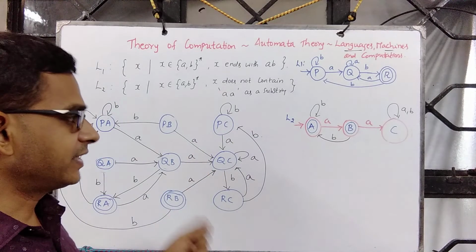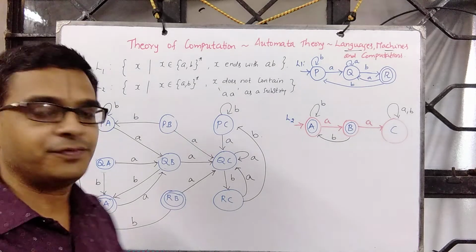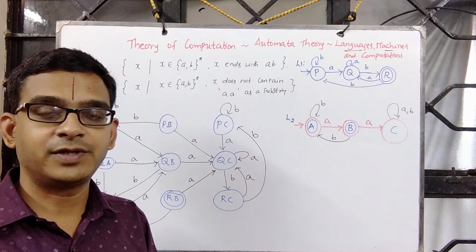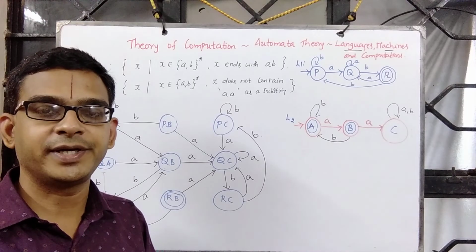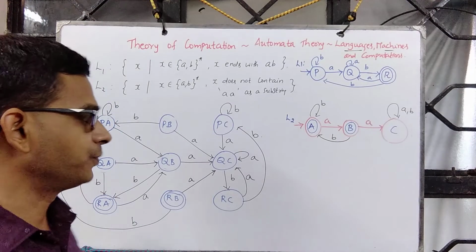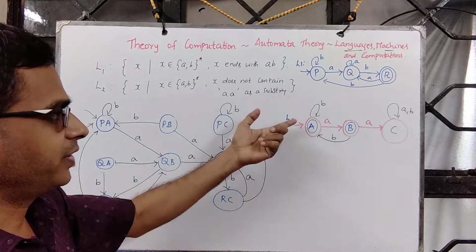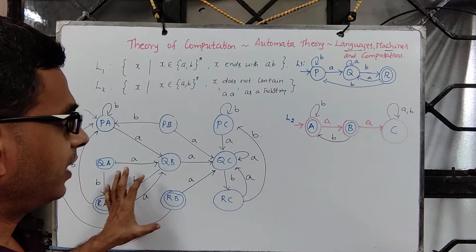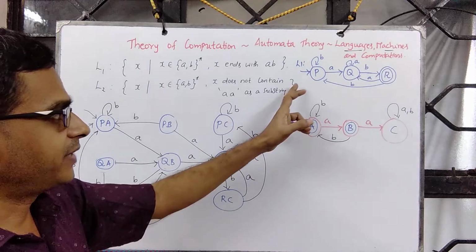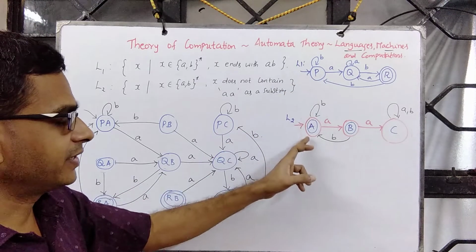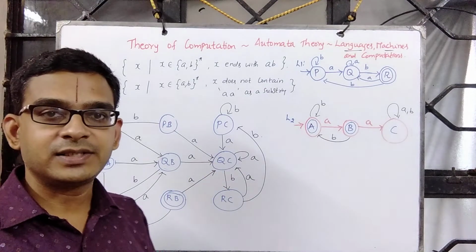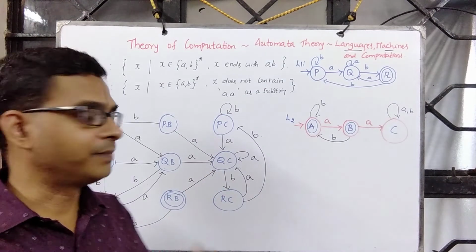The automaton itself will tell you that the string is part of L1 intersection L2, because that's the purpose. We want a machine which will do L1 union L2 or L1 intersection L2, given L1 and L2. The answer is yes. Instead of starting from P or from A, the same thing can be visualized as starting from PA.